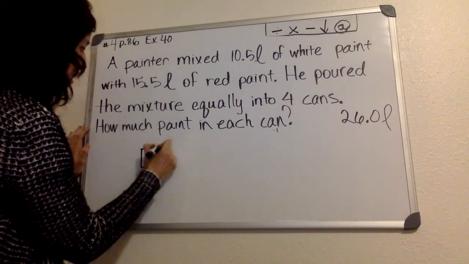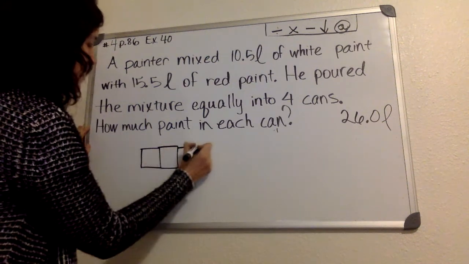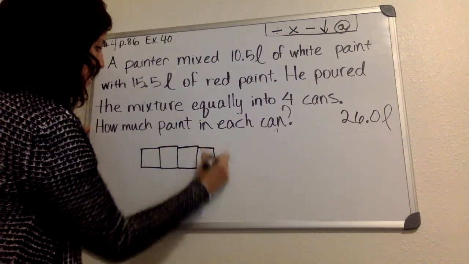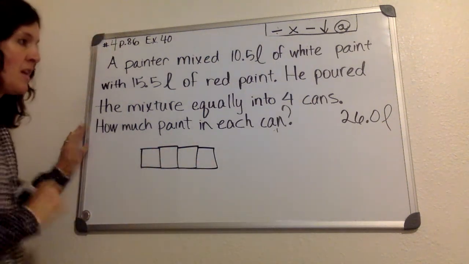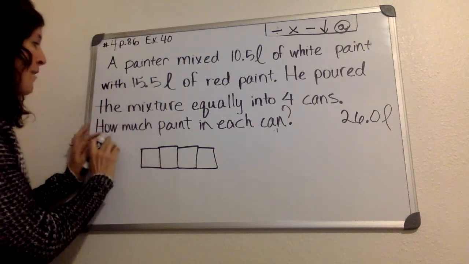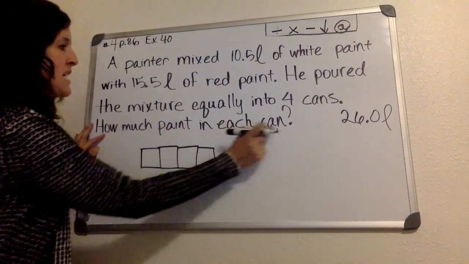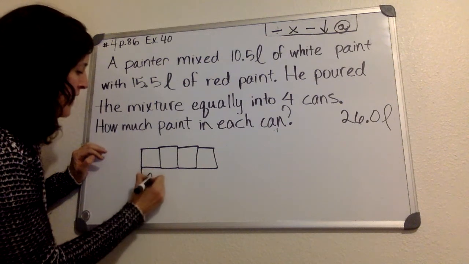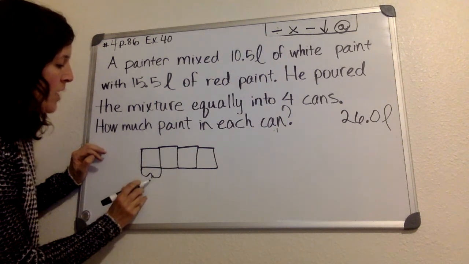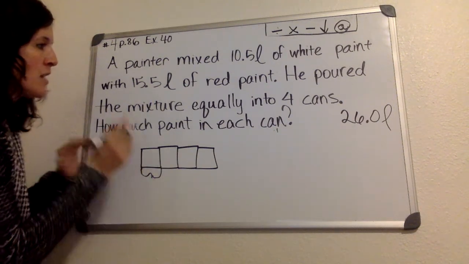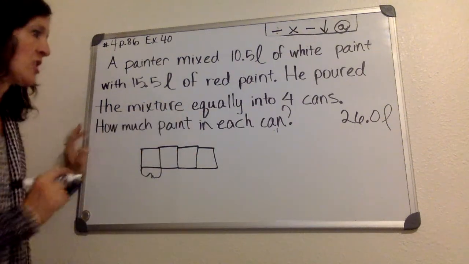So I took this mixture and poured it equally into 4 cans. 1 can, 2 cans, 3 cans, 4 cans. All right, and I want to know how much paint is in each can. So if I find out what this one right here is worth, I've answered my question.